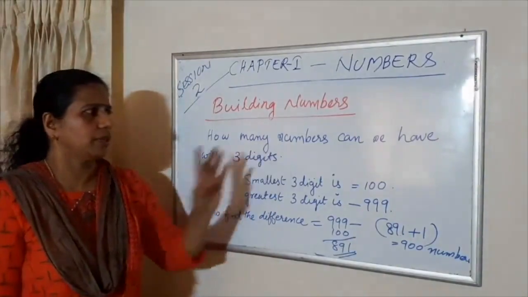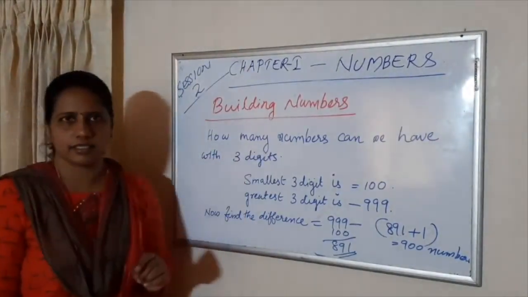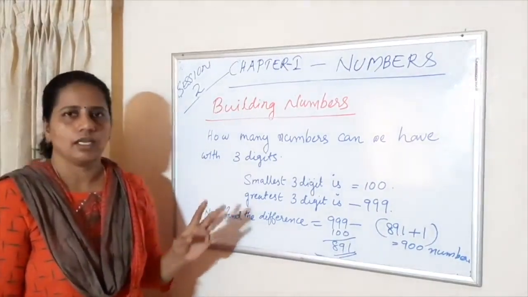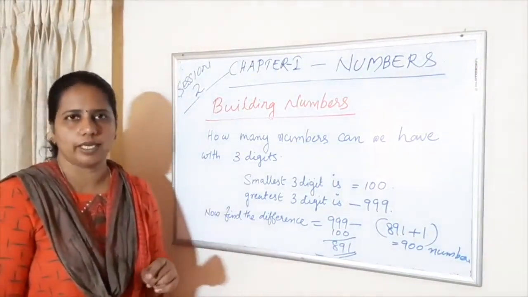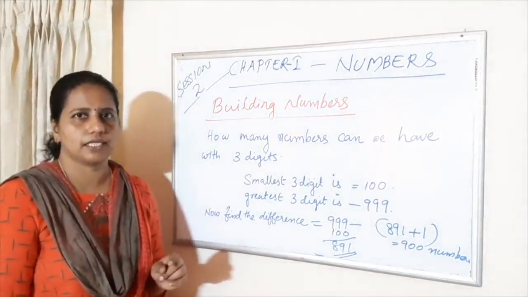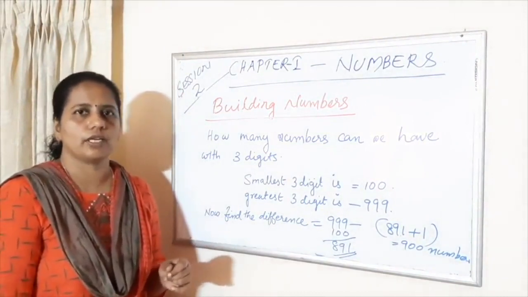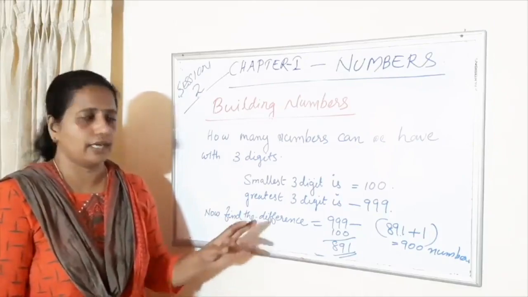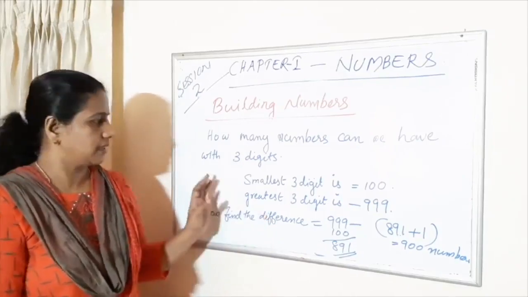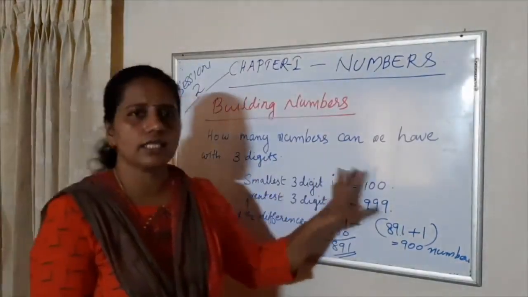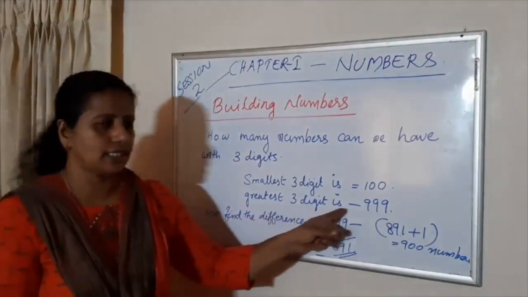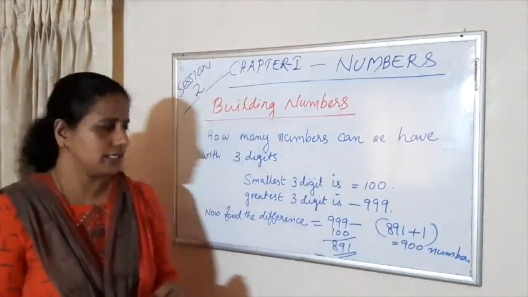Next, how many numbers can we have with 3 digits? You have already studied how to make 3-digit numbers without repetition. With repetition, how can we find? It's very difficult to write all the numbers, so we have a formula. First take the smallest 3-digit number, that is 100. Next take the greatest 3-digit number, that is 999.